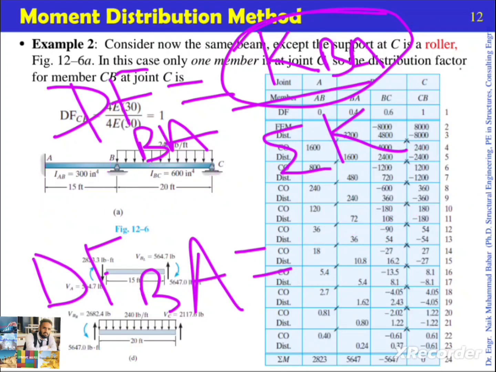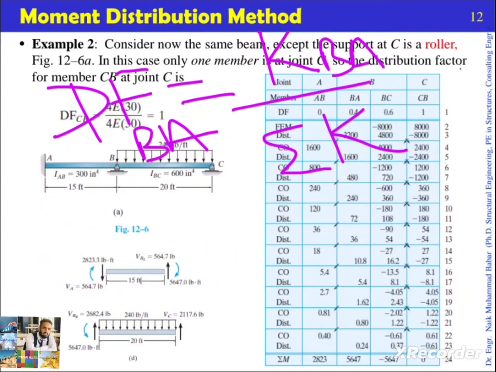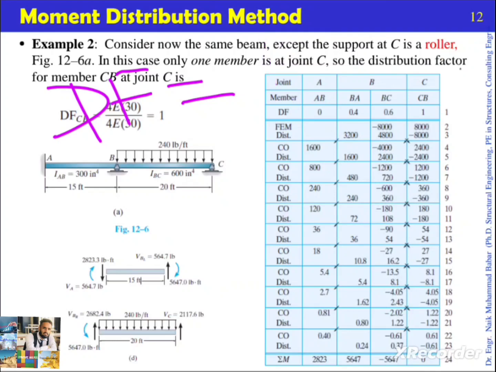We will get the distribution factor for BA, which will be 0.4. Since we did the same example in the last lecture, we put the distribution factor for BA as 0.4.